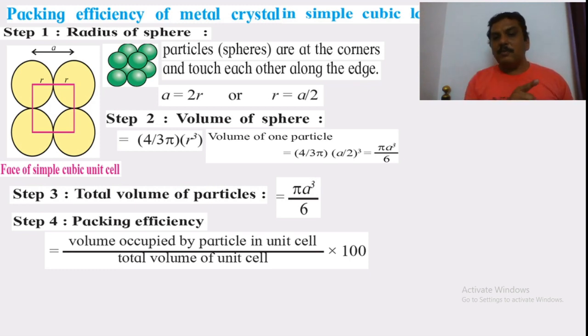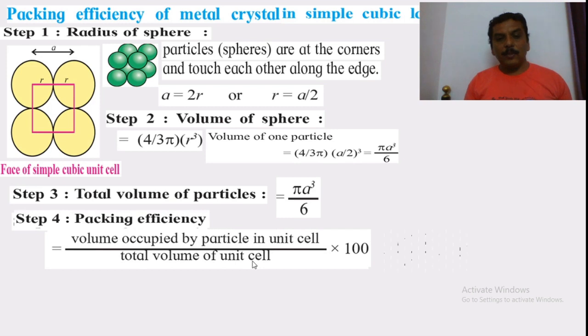If there is only one particle, the total volume of particles is equal to the volume of one sphere, which is pi into a cube divided by 6. We'll put this value of total volume of particles here, and total volume of unit cell as a cube.